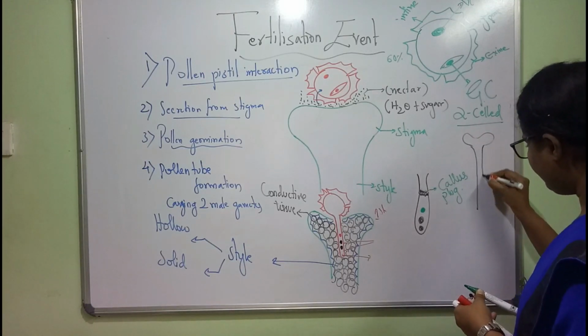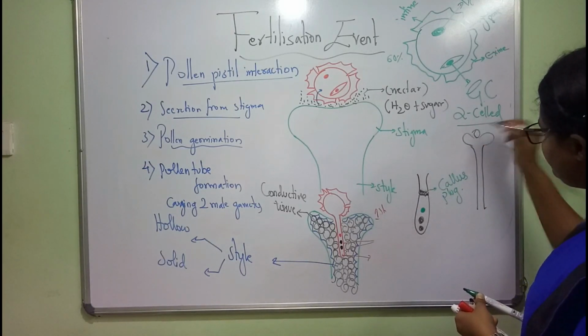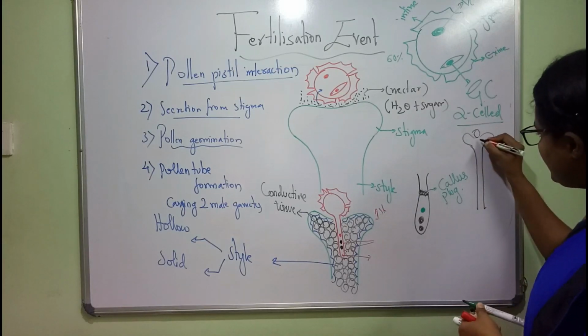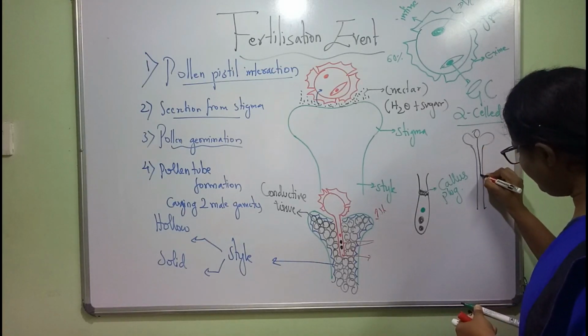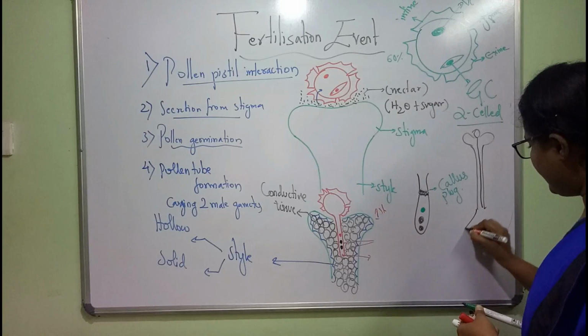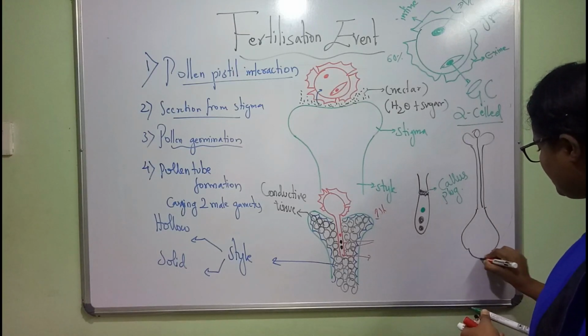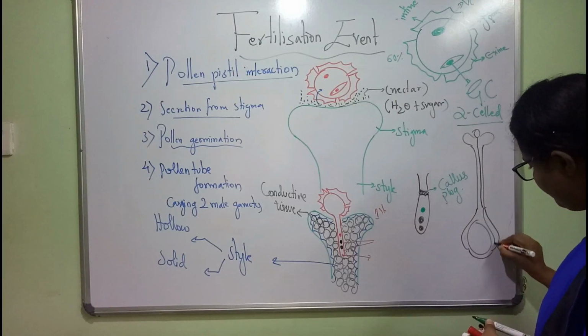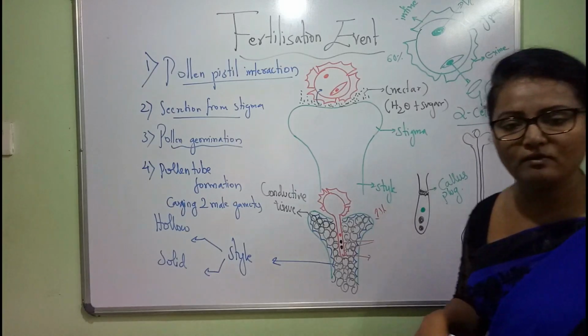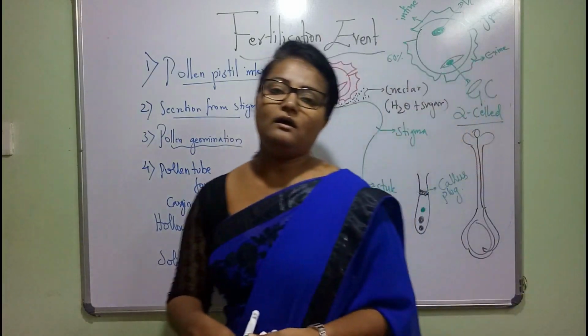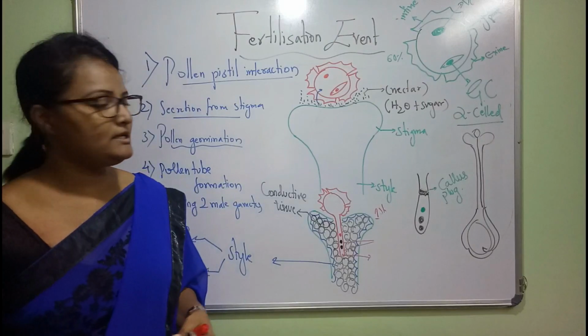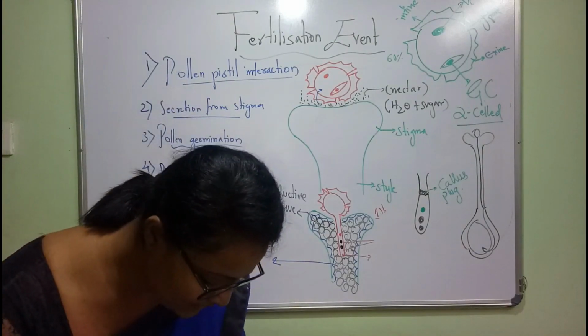From the landing position the pollen tube needs to travel, and later they reach the ovule and they fuse, which performs fertilization. Okay, so next we'll start.